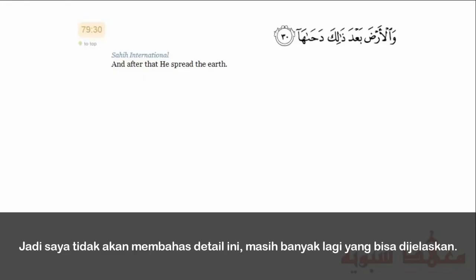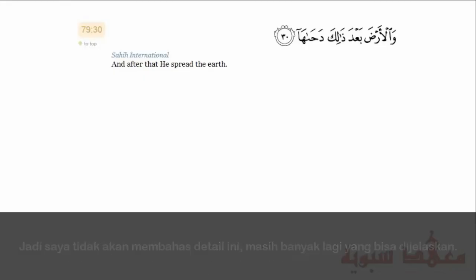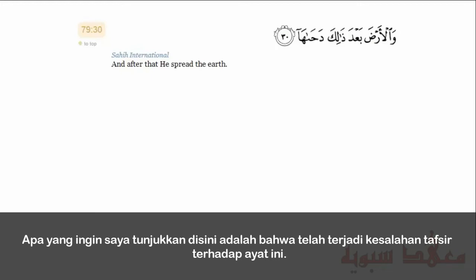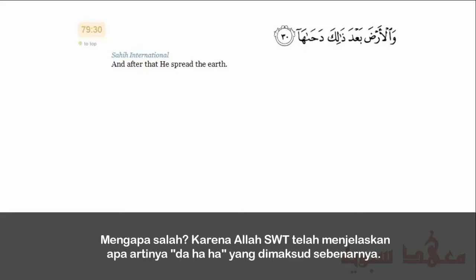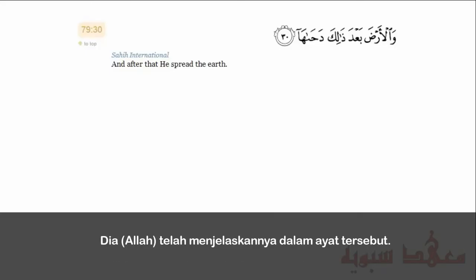So I'm not going to get into these details. There's a lot more that can be said. What I want to actually show here is that there's been a gross misinterpretation of this ayah. The reason why is because Allah subhanahu wa ta'ala explains what dahaha means actually. He explains it in the following ayat.